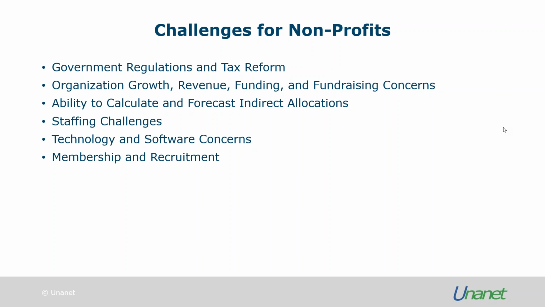Staffing challenges. This is probably a very big problem for most nonprofits. We're constantly trying to do more and more and more work with fewer people. And most of us find that we have a very small staff, and every staff member has so many functions that they're trying to perform. So adding a new task and a new function can be overwhelming.